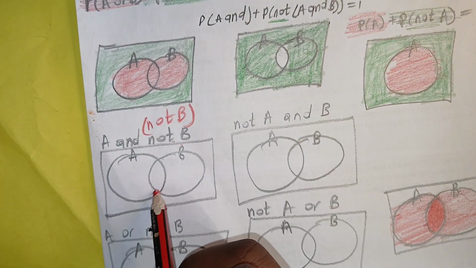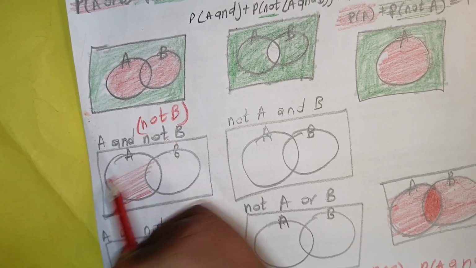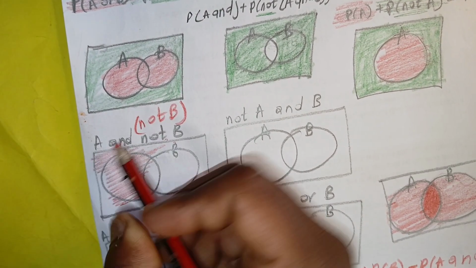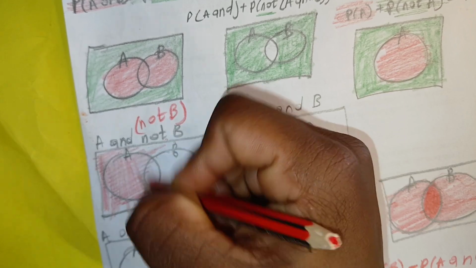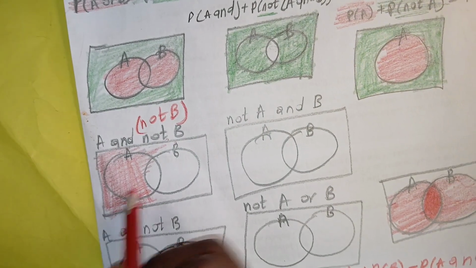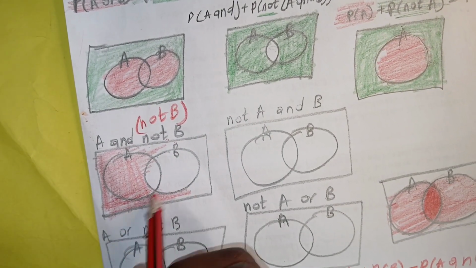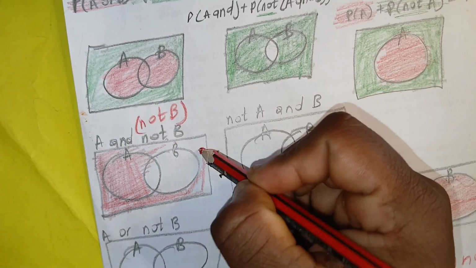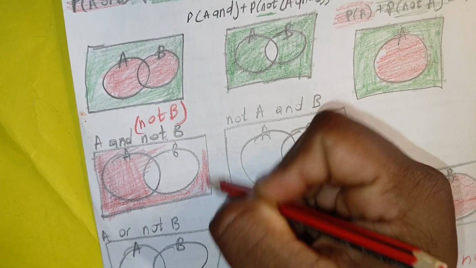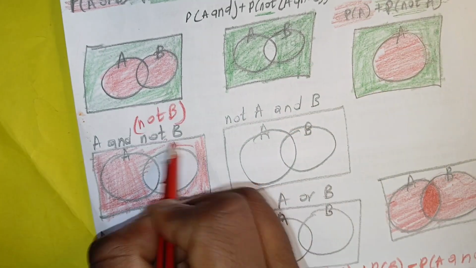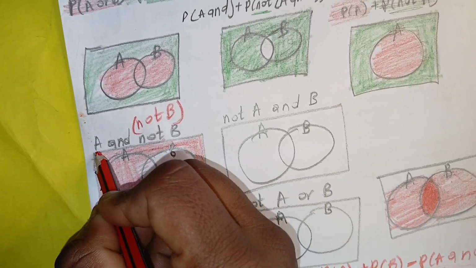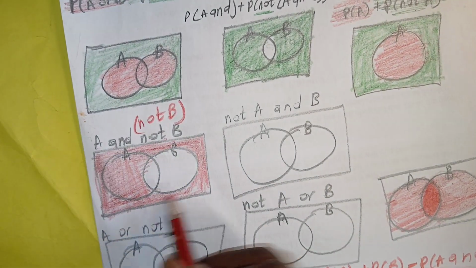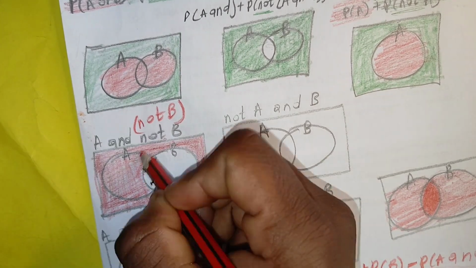So if we don't want to include B, it means we shade something which does not include B. Meaning we do not shade the intersection. We don't shade the intersection if it's and not. We don't include the intersection here.